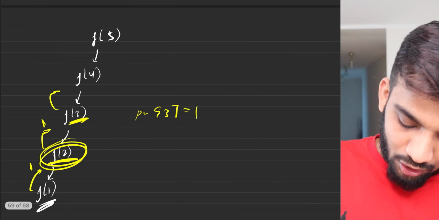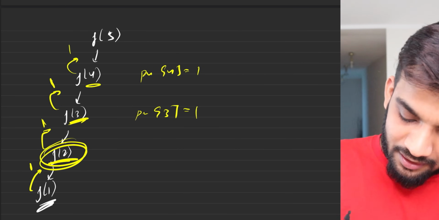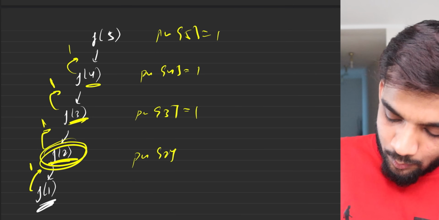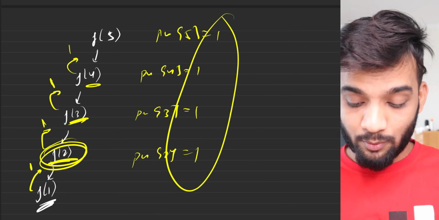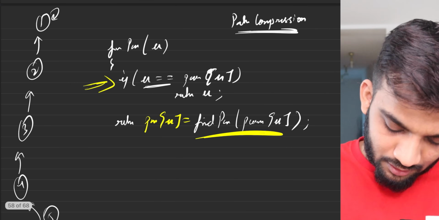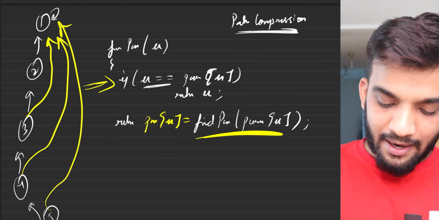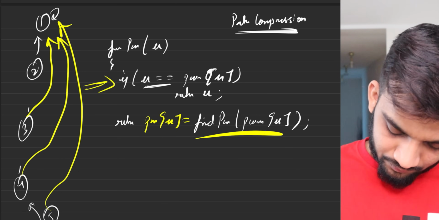Next, you'll also return 1, so now parent of 4 will also be 1. Next, you'll also return 1, so parent of 5 is equal to 1. Everyone in turn will assign 1 to it. If everyone assigns 1 to it, automatically all the links will be path compressed and pointing to 1, and all these links will be destroyed.